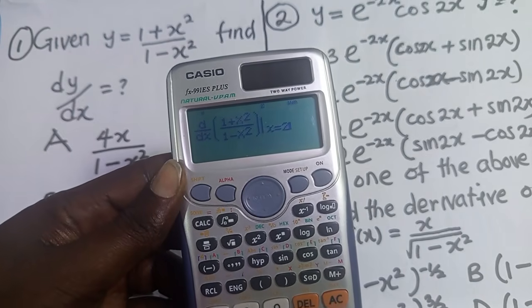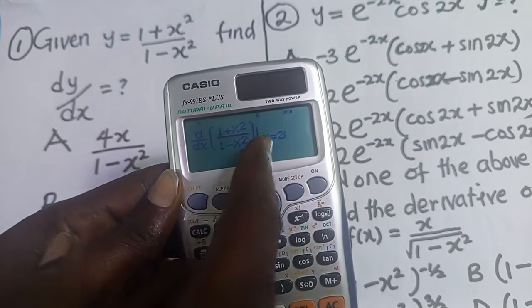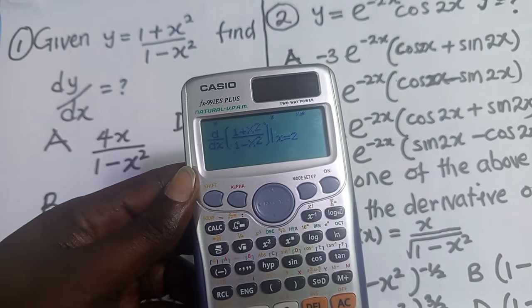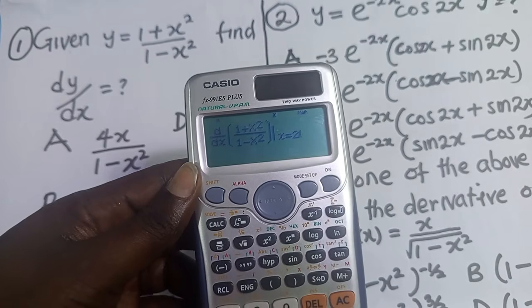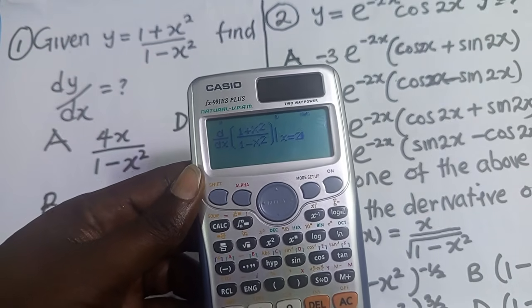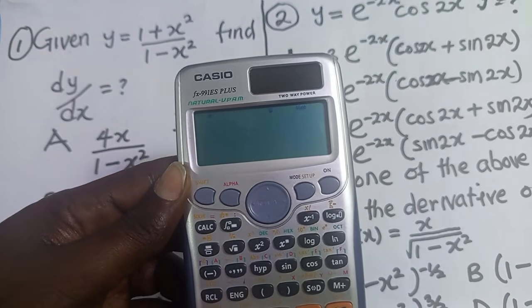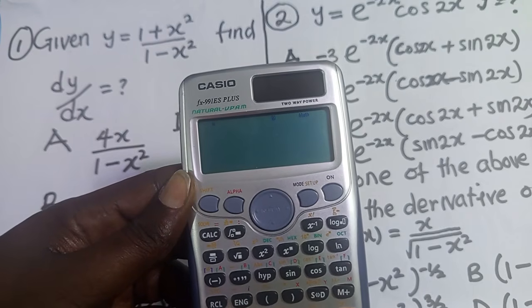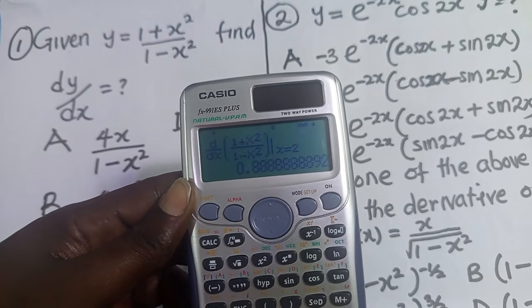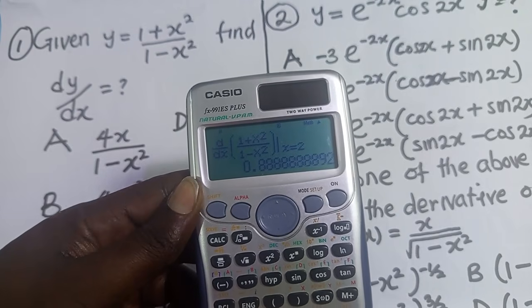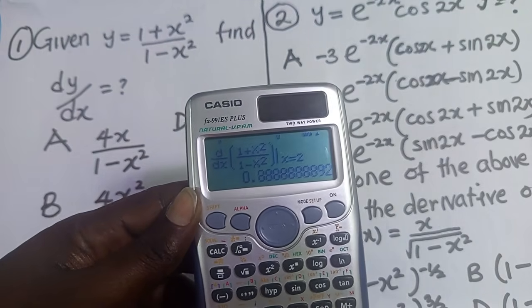The value should be substituted into the derivative, and the answer will be produced. You can choose any value, but choose a reasonable value. So I have 0.888888. Now look at the value you have.